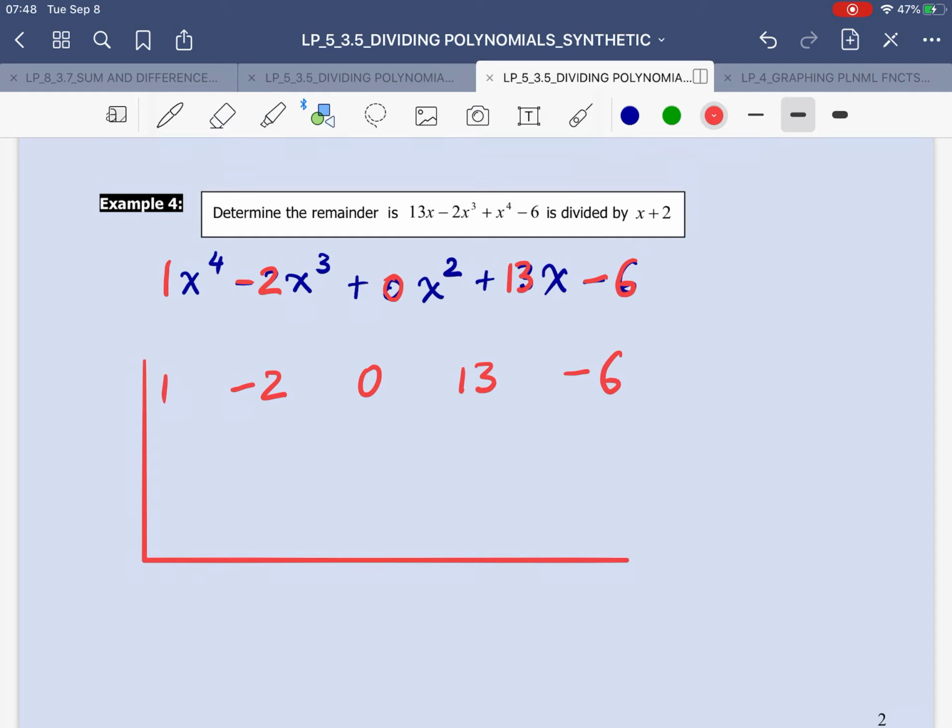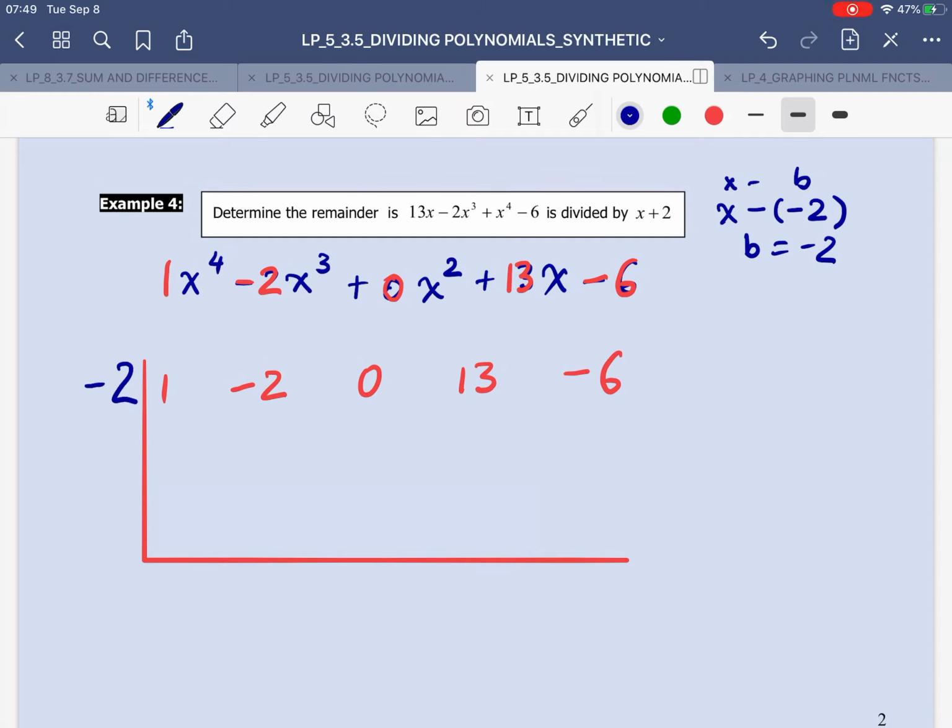Let's draw the half rectangle. As you see here, we are dividing by x plus 2, and x plus 2 is x minus negative 2 in the x minus b form. That tells us that b equals negative 2, so negative 2 will go right here.